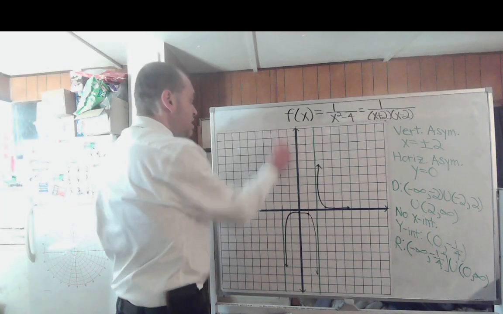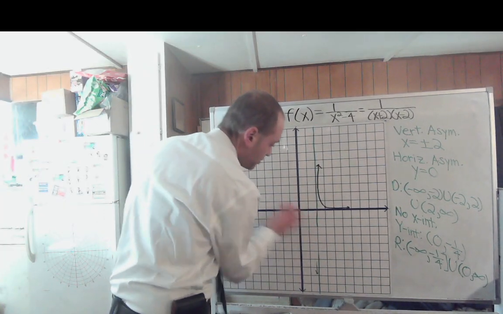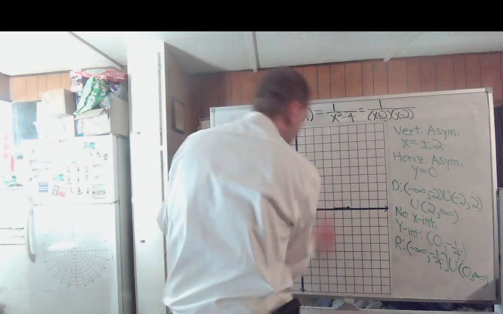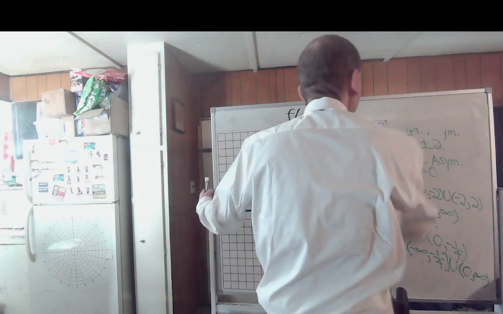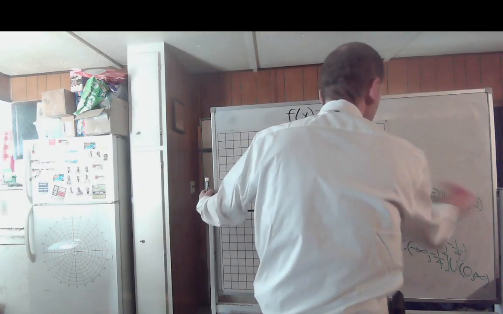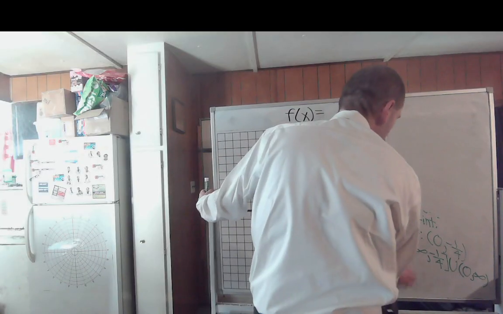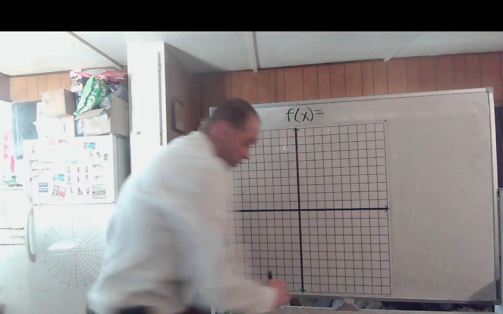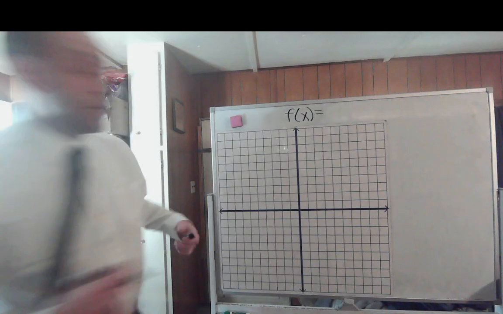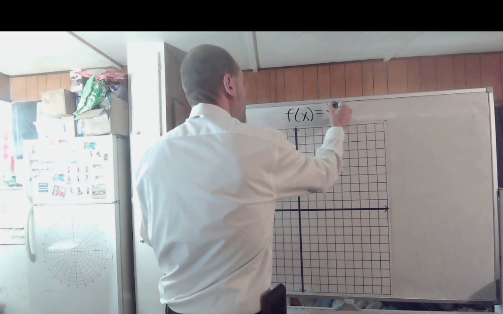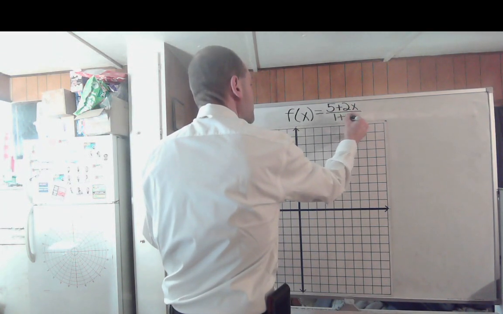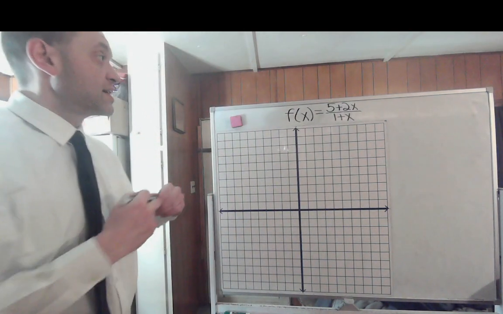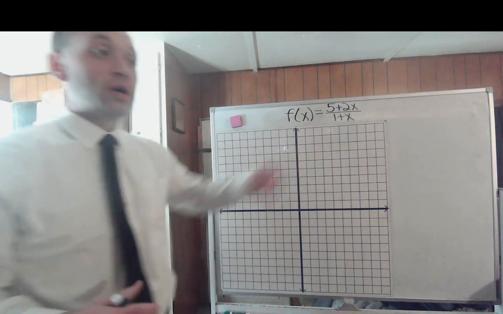Alright, let's move on to some where you have the same degree in both the numerator and denominator. For example, let's say we had f of x equals 5 plus 2x all over 1 plus x.